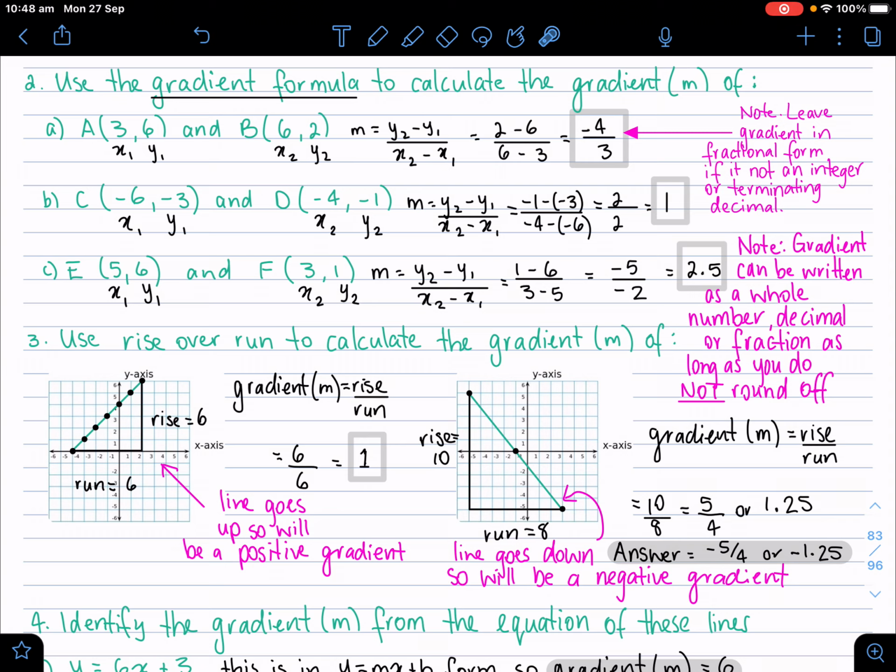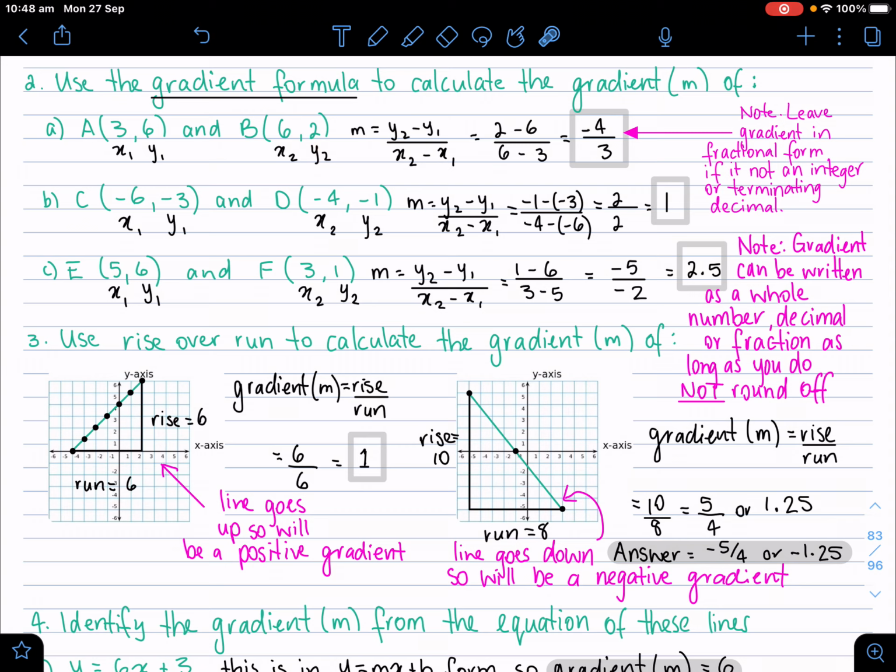Each question will be better to use one or the other, and you'll get the hang of which one to use later on. So this question is actually telling me to use the gradient formula. Now, if you remember the steps, you have 2 points, A and B in this case, and we label the first one x1 and y1, the first x and the first y, and we label the second one x2 and y2, the second x and the second y.